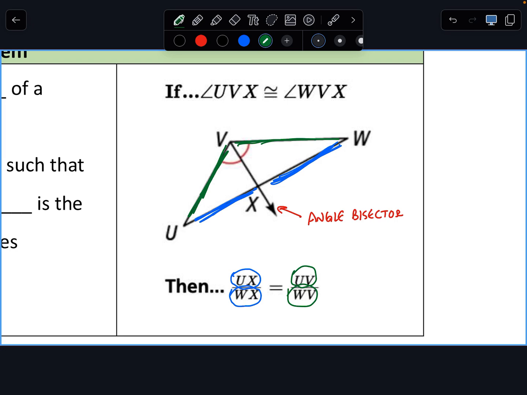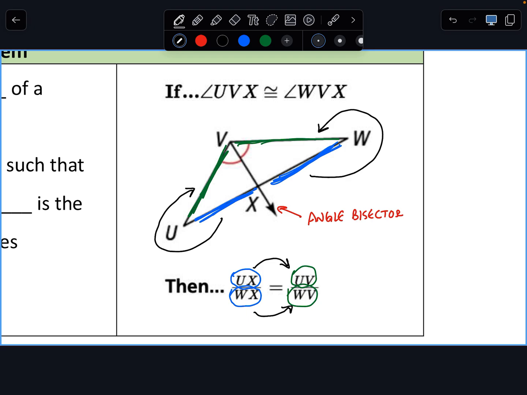The thing to notice in the setup is I put UX on top, so the side next to it, VU, also has to go on top. And WX is on the bottom, which means the side next to it, VW, also has to be on the bottom. So the key to this problem is just pairing up the numbers correctly in the right parts of the fractions.